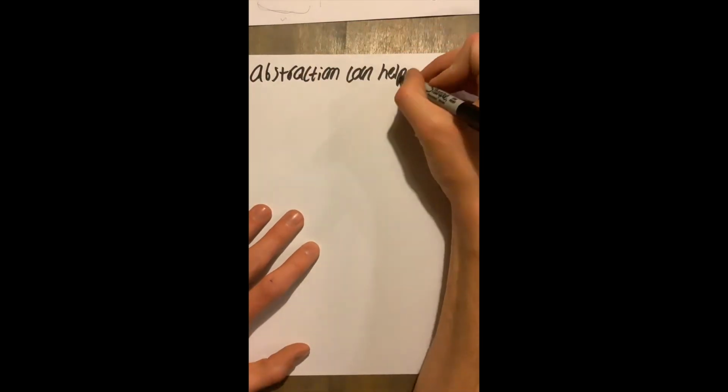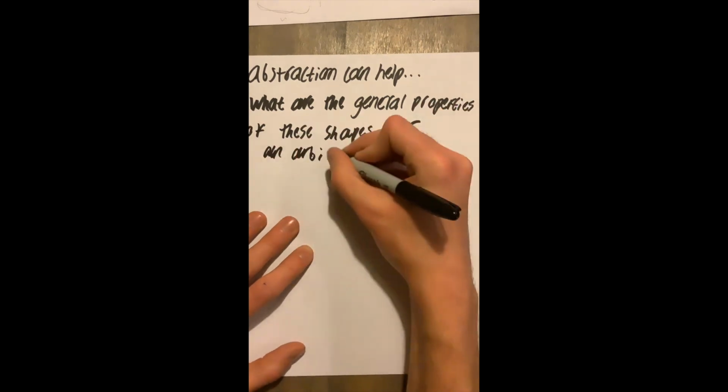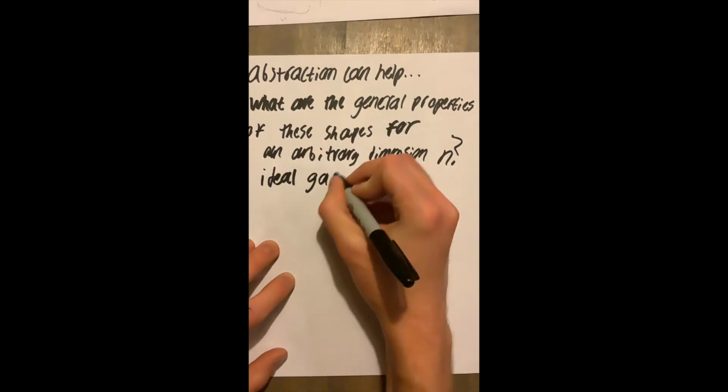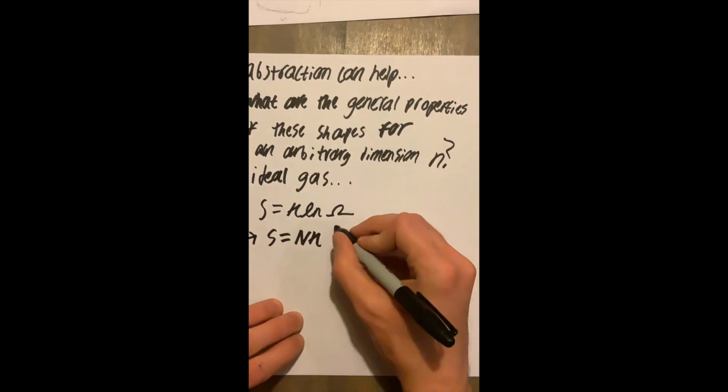By abstracting our dimensions to some arbitrary value n, which doesn't even have to be an integer by the way, we can learn more about the general properties of all possible shapes that carry our previously discussed radial symmetry, and then we can use that information to solve many problems. Just recently, I learned to find the entropy of an ideal gas from first principles.